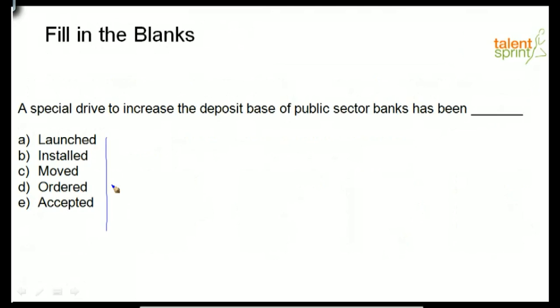And in the context, I need to look at which is my keyword or key phrase. So what was launched or what was conducted to increase the deposit base of public sector banks? Right? Something was done to increase this. What was that? So usually your keyword will answer questions like what or who, which is nothing but the subject of the sentence.